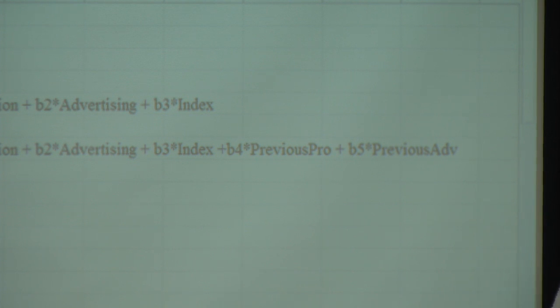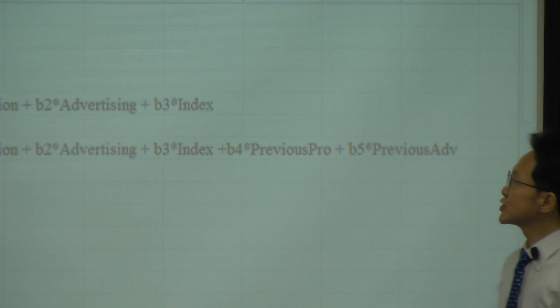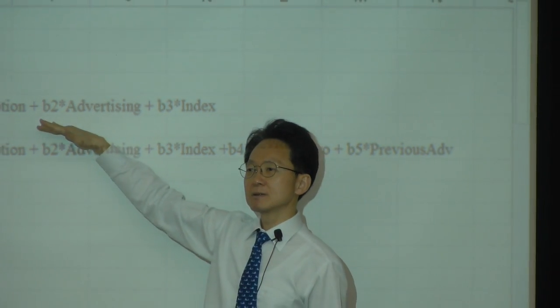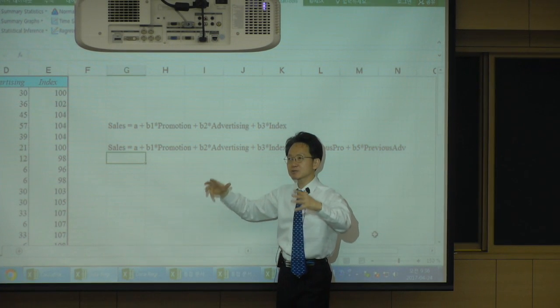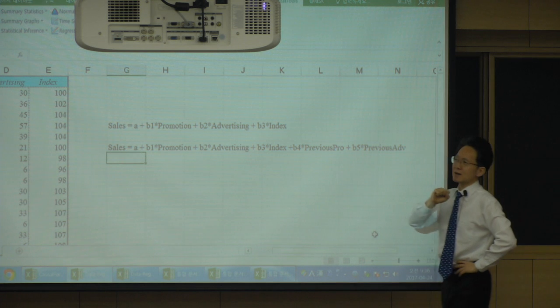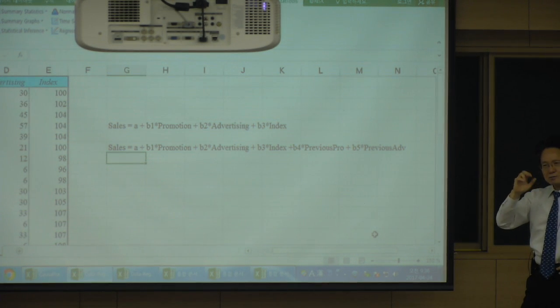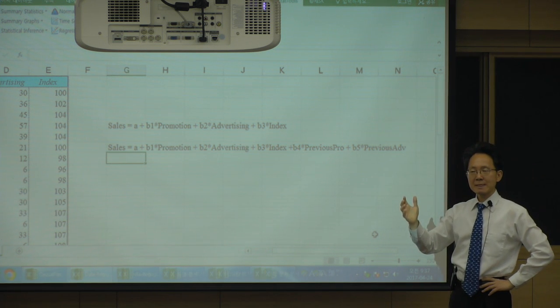Okay? The whole thing of this regression model is that you improve your model over time. You start with the simple model and you learn the regression, and then you understand all this relationship, and then you ask yourself, is this the best? Is this the best regression model I can come up with?